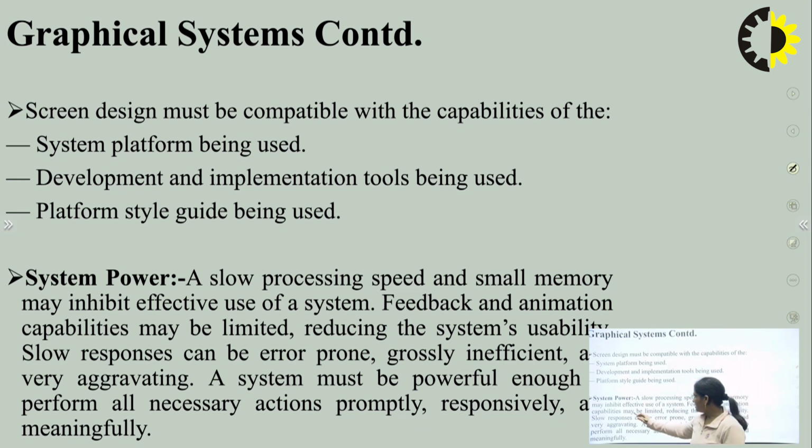Feedback and animation capability may be limited because system power is limited, reducing system usability because it can create slow responses that can be error prone, grossly inefficient, and very aggravating. A system must be powerful enough to perform all necessary actions promptly, responsively, and meaningfully.